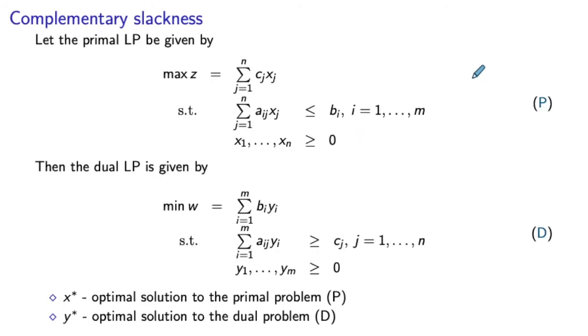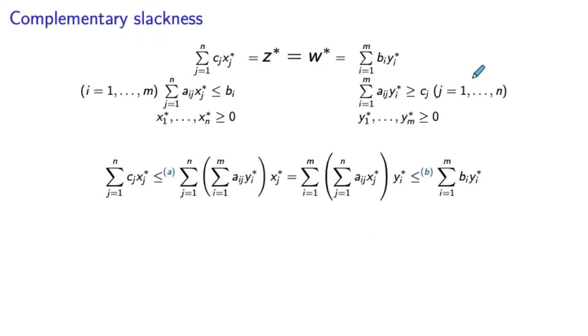Then we discussed the fundamental property of LPs called complementary slackness. So this again builds on the correspondence between the slack variables of the primal and the dual variables. And essentially we went over the derivation of the weak duality, and we saw that the only way you can have the equalities here is when you have the following holding.